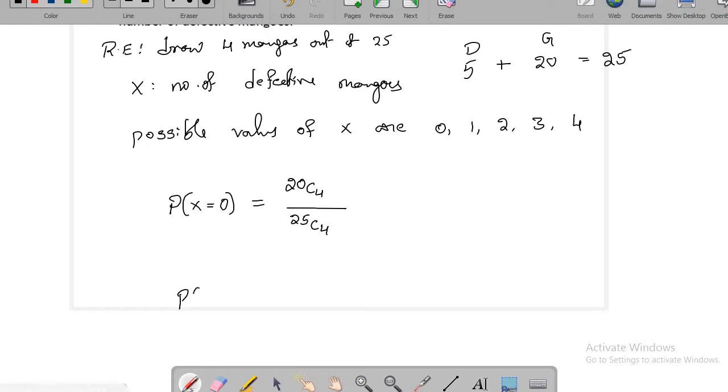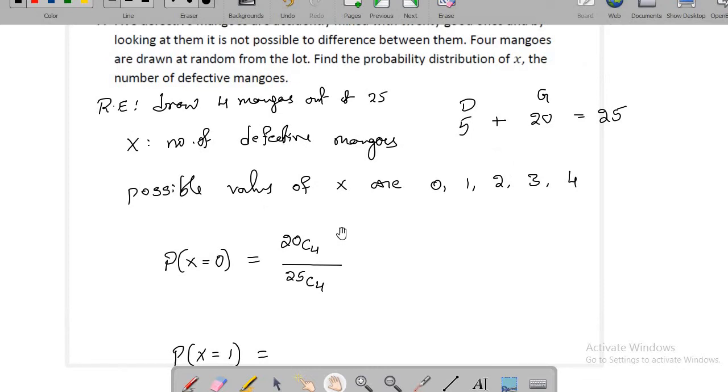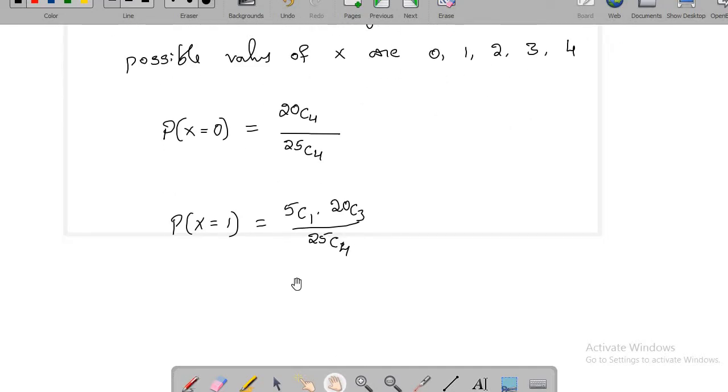Next, let me see what is the probability that x equal to 1. So this time we want 1 defective mango and the rest 3 to be good ones. So there are total 5 defectives, out of which I need to select 1, and there are 20 good ones, out of which I need to select 3. So 25 choose 4. So similarly, next probability that x equal to 2.